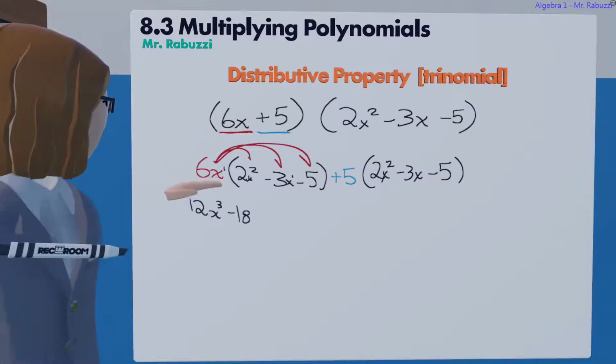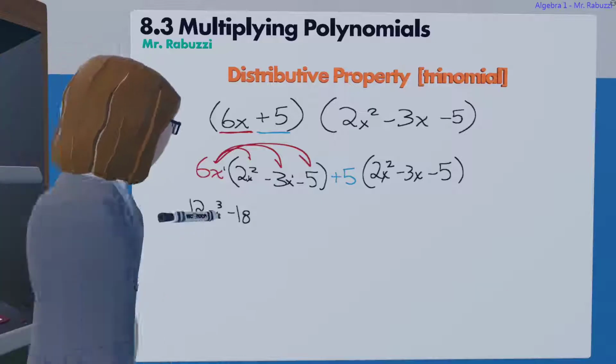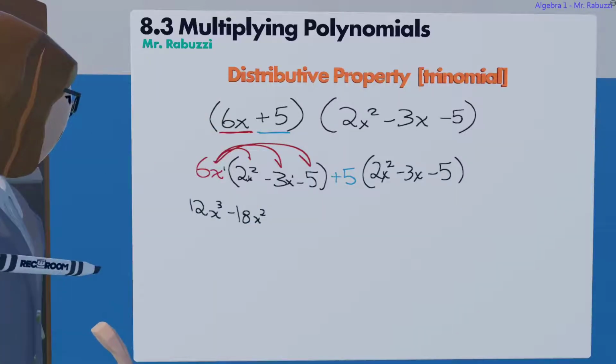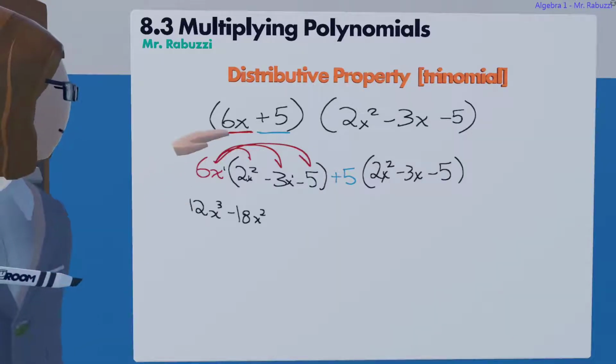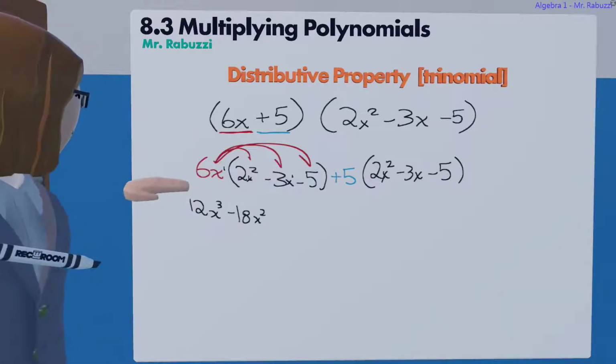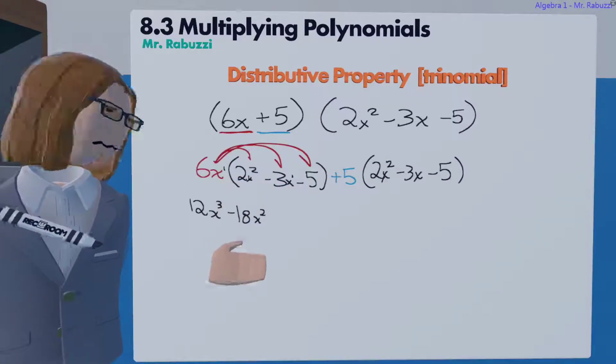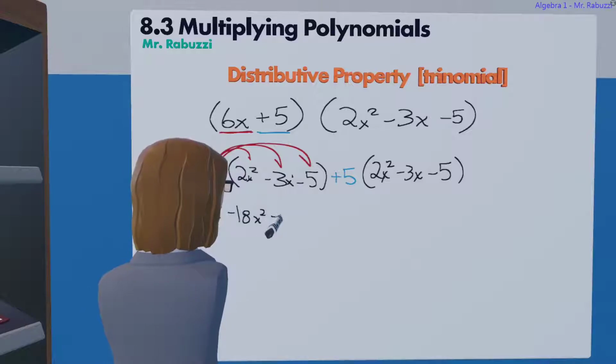Okay. X times x is x squared. That last piece for this red distribution. 6x times negative 5. Well, 6 times negative 5, that's negative 30.